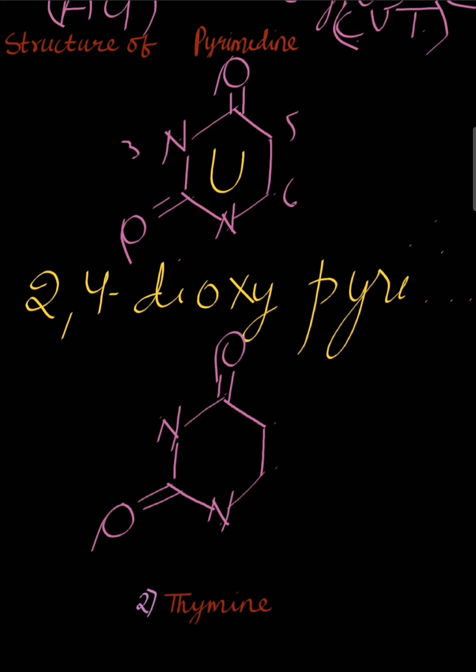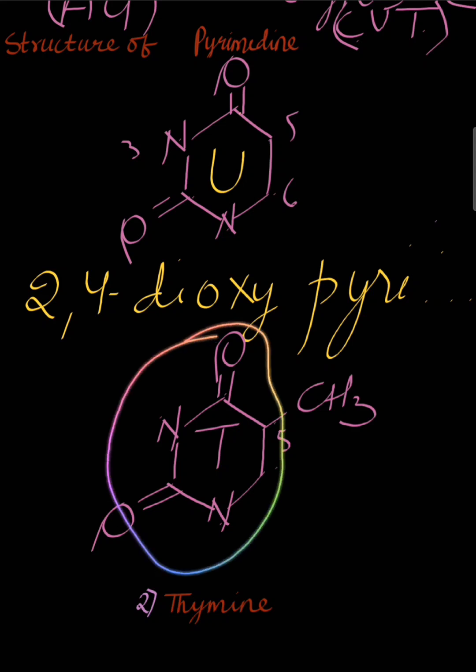And in the fifth position, this is the fifth position, right, we're going to have a methyl group. So this is the structure of thymine. Does this particular part look like uracil? Yes, all this part looks like uracil except for this one, right? So this is the structure of thymine.